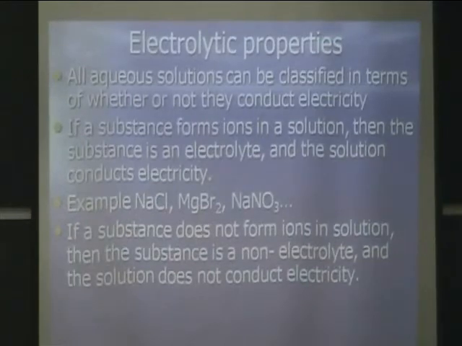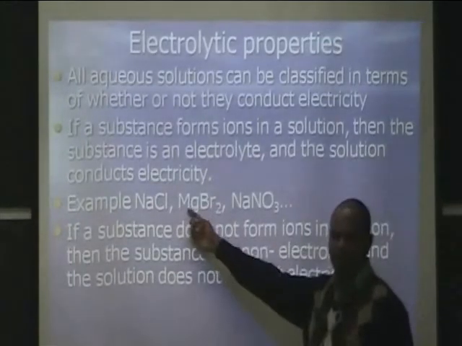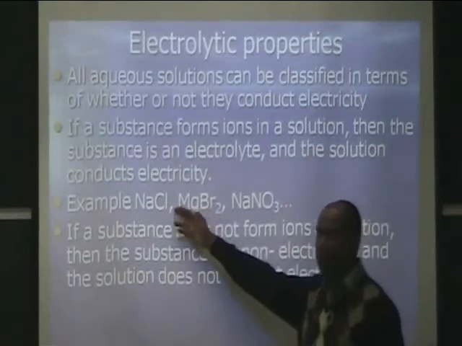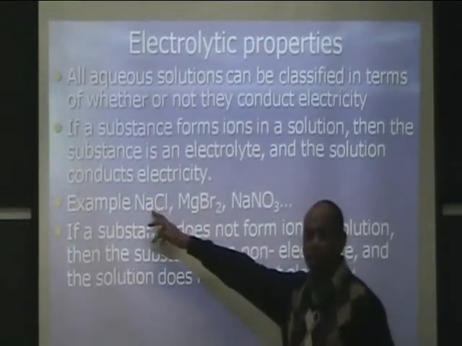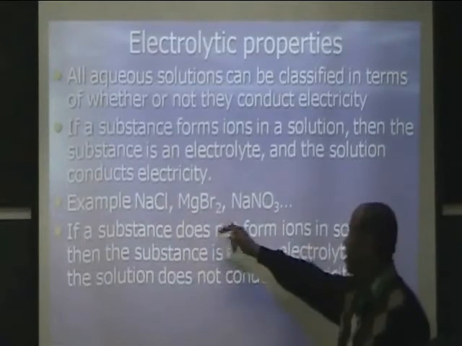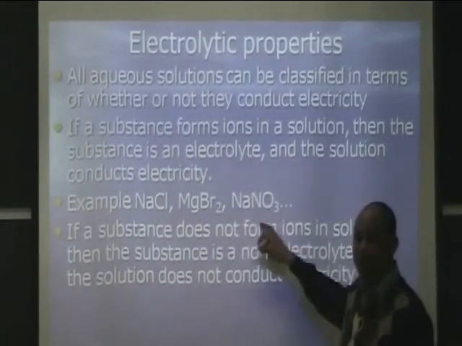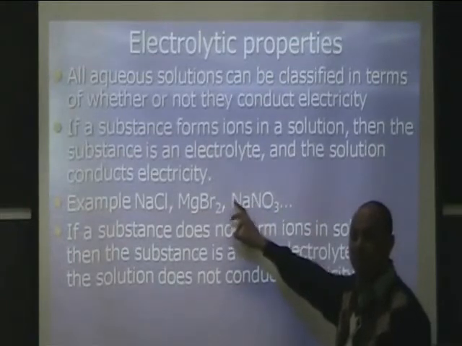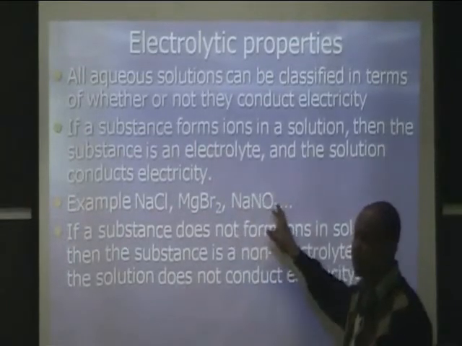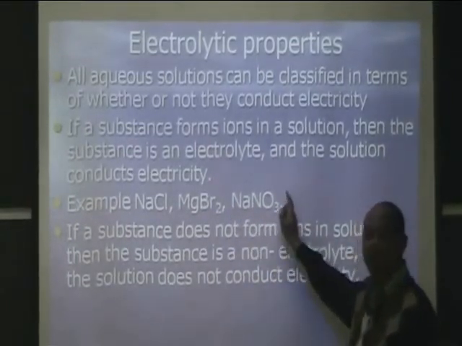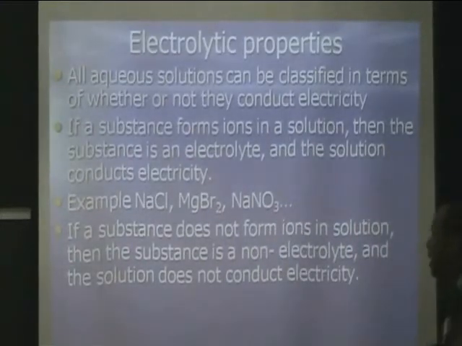Most ionic compounds, for example, sodium chloride, dissolve in water and form ions like sodium ion and chloride ion. Magnesium bromide, sodium nitrate. What are the two ions formed from sodium nitrate? Sodium ion and nitrate ion.